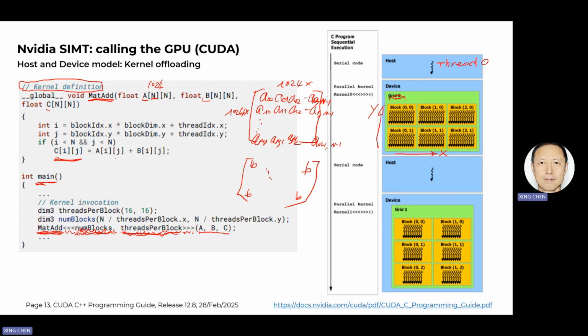So I'm going to ask each thread to work on A[i][j] plus B[i][j], and put that result in C[i][j]. So that's possible.